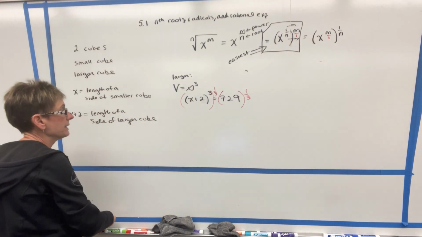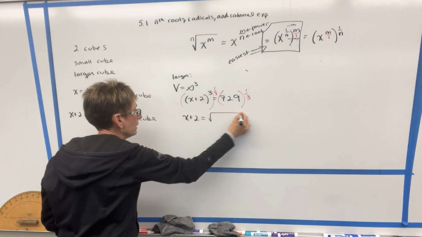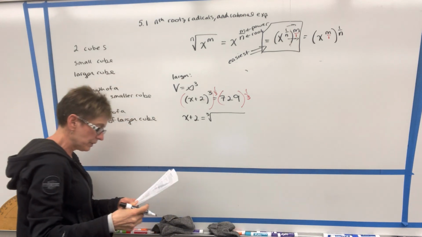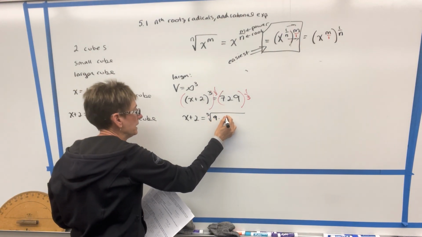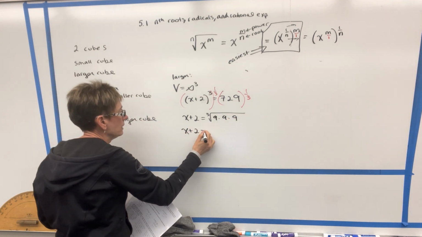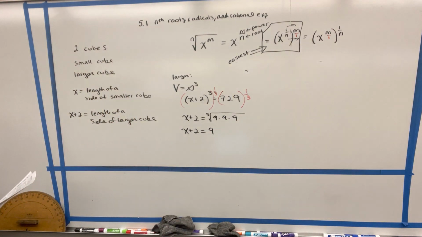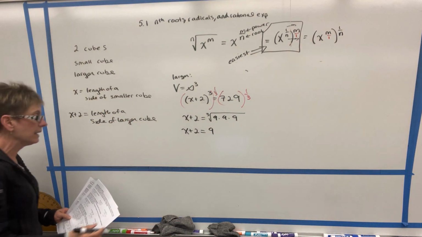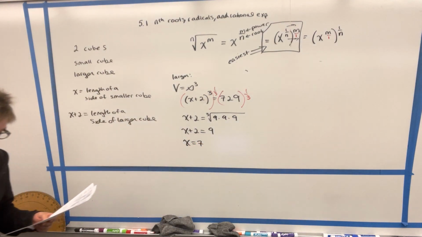What that does is make the left-hand side X plus 2, and on the right, I'm taking the cube root of 729. Now, 729 is 9 multiplied by itself 3 times. So since I'm looking for a group of 3, I know that X plus 2 is 9, and then when I subtract, I get that X is 7.